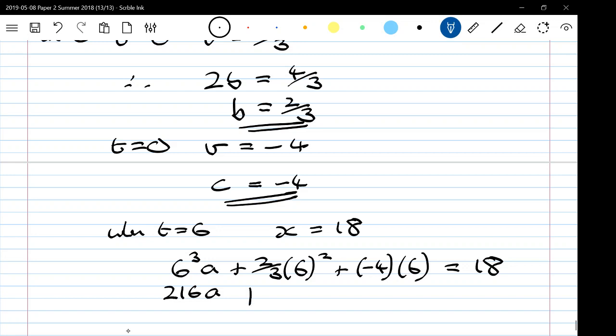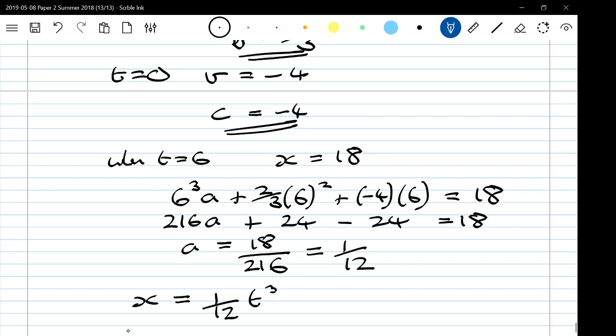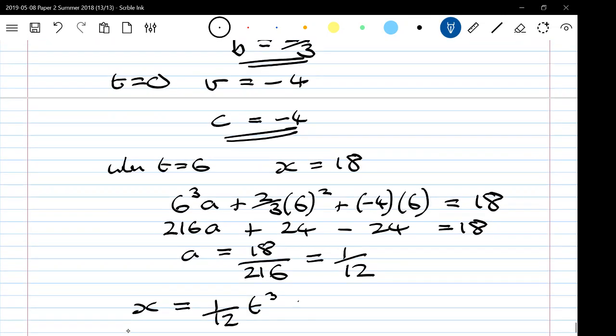Is that 24? Minus 24 is 18. So the value of A, I think, is ending up being 18 over 216, which is a 12th. Is that a 12th? So my original equation is now 1/12 of t cubed plus 2/3 of t squared minus 4 times t.